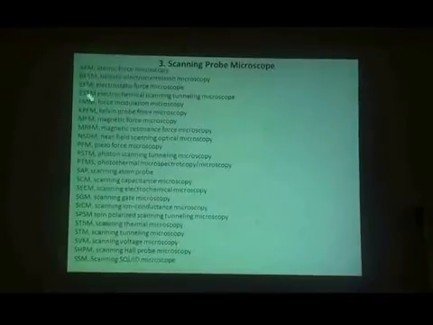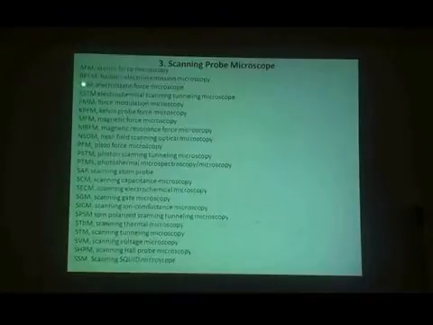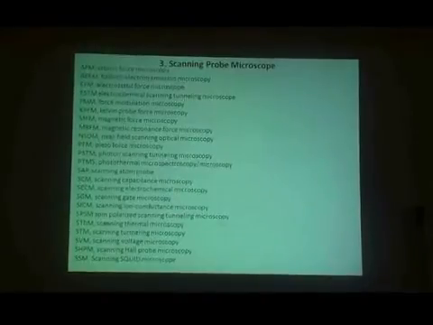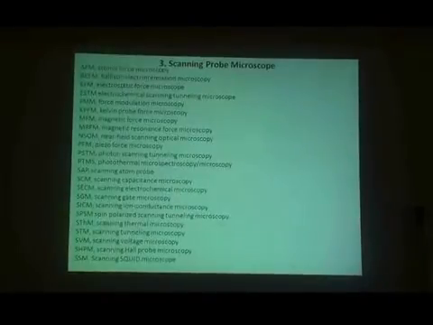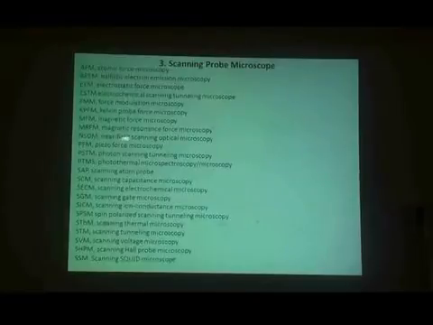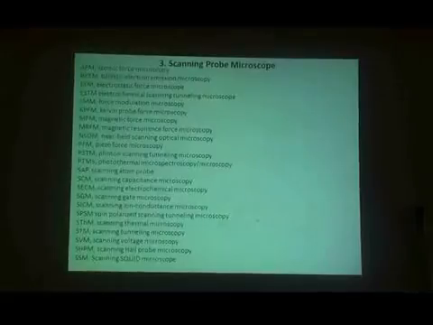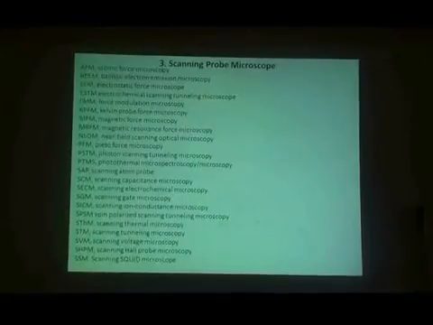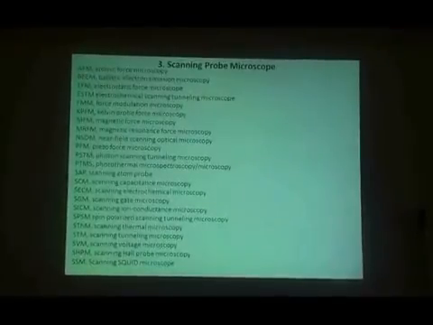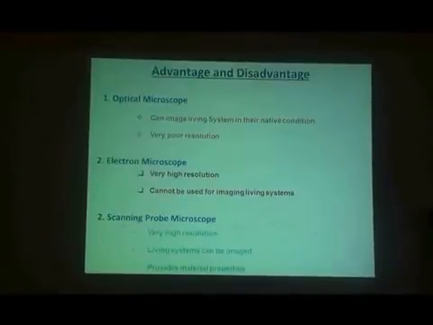In addition, you can have EFM, the electrostatic force microscope, where you can measure the electrostatic forces, or even MFM, where you can study the magnetic force at a scale of nanometers. So there are different types of scanning probe microscope.